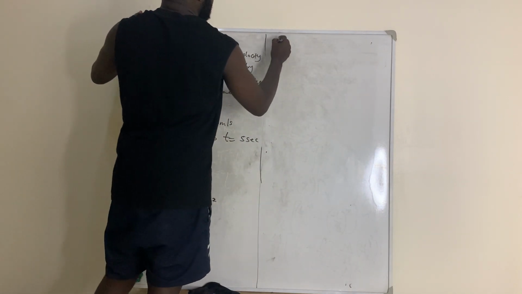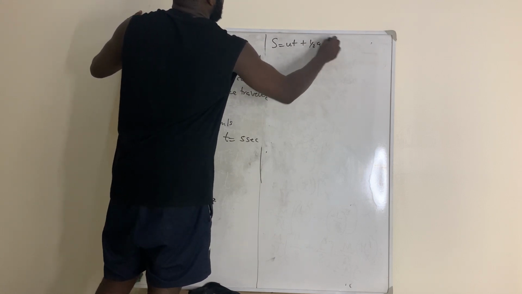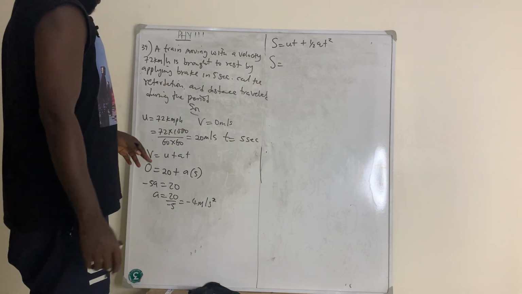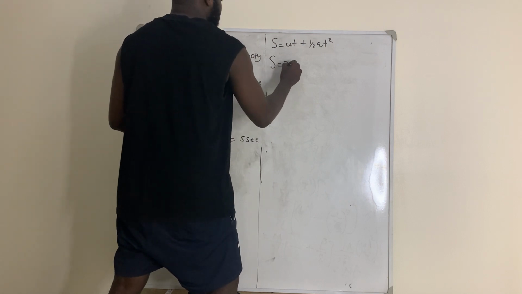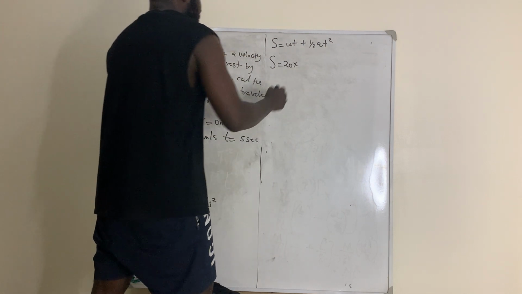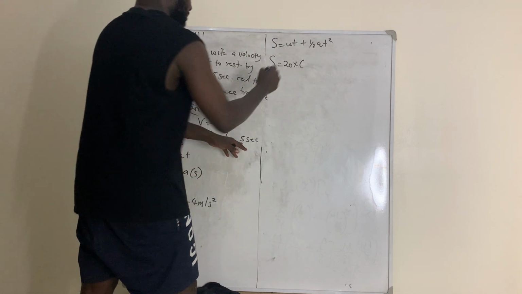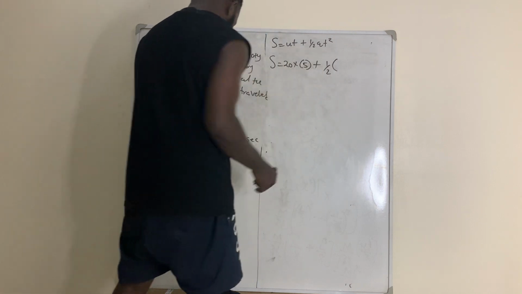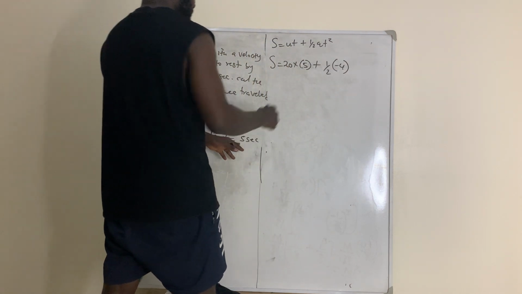The next thing they are asking us is the distance. I know the formula for distance, s is equal to ut plus half at squared. So s is equal to, my initial velocity u is 20, times my time, which is 5, plus 1 over 2 times minus 4, because it is retardation, times 5 squared.